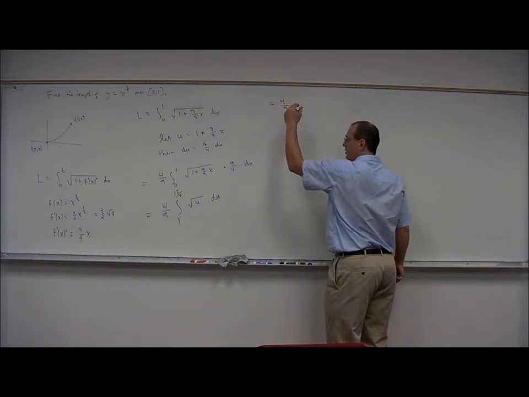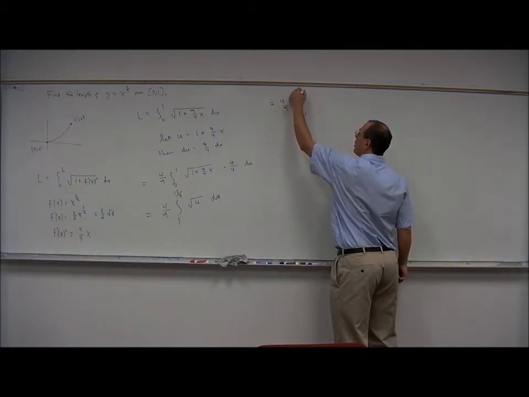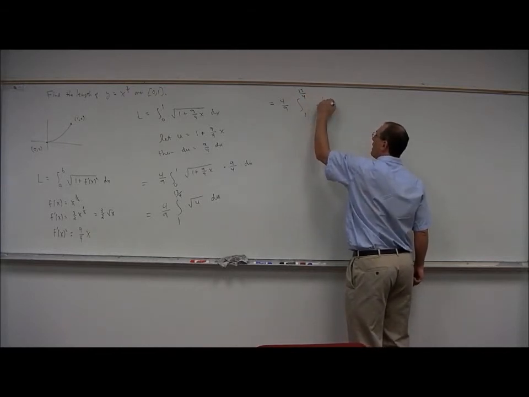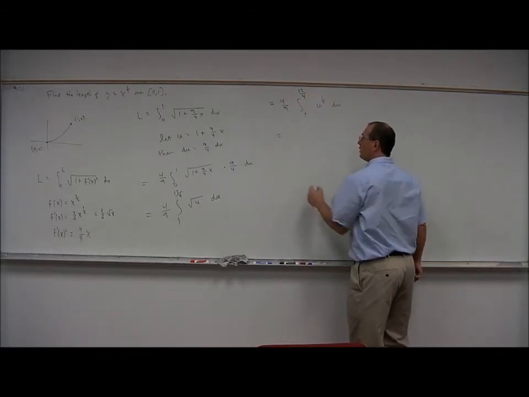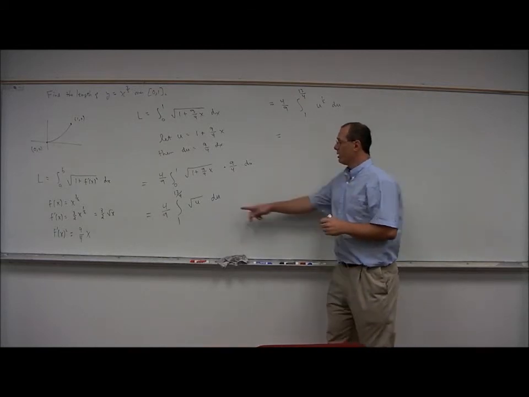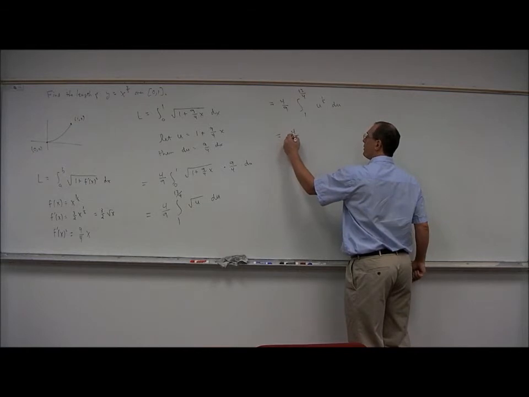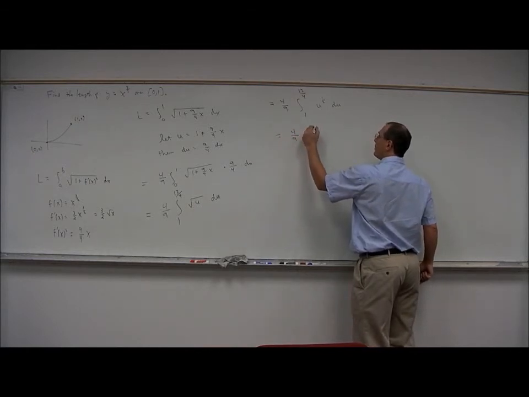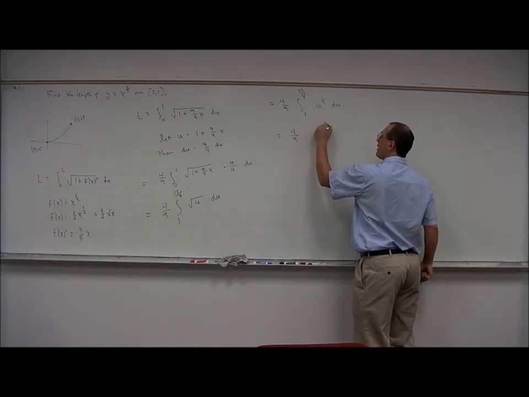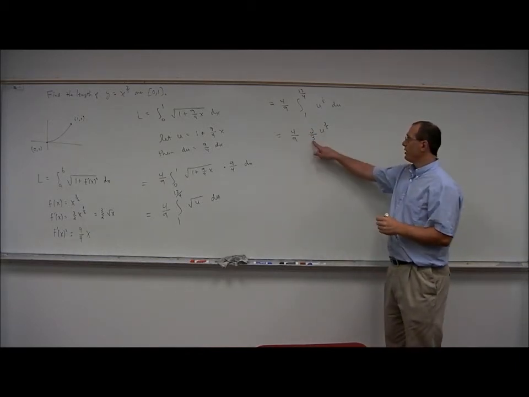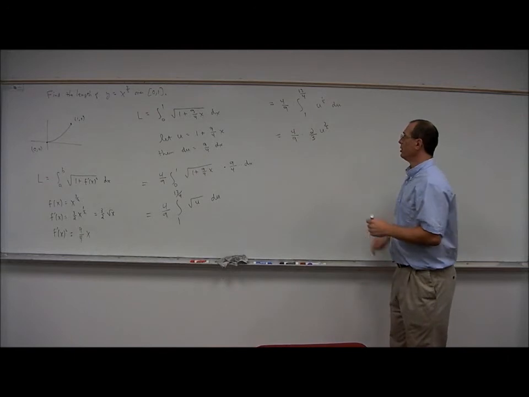We have 4/9 integral from 1 to 13/4 of u to the 1/2 du. We will use the power rule, so we'll convert the square root of u into u to the 1/2. So this is 4/9 times u to the 3/2 divided by 3/2, but instead of dividing by 3/2, we can multiply by the reciprocal 2/3.